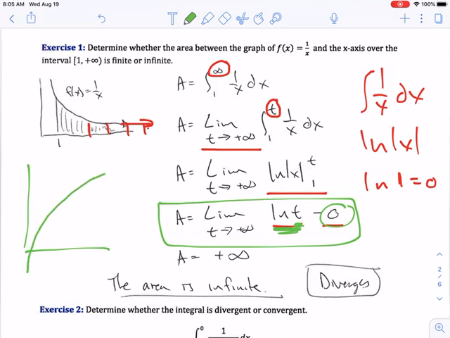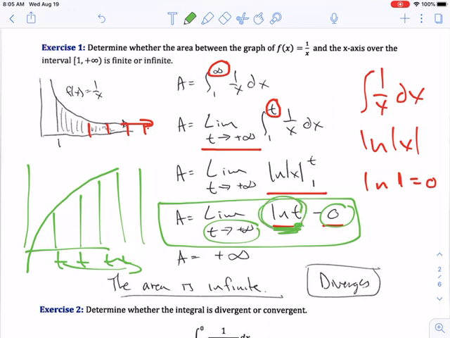The logarithm function looks something like this. So what happens as t goes out further and further towards infinity? t is getting infinitely large, so this whole thing is getting bigger and bigger because the graph is going upwards. And so this whole thing is infinity.